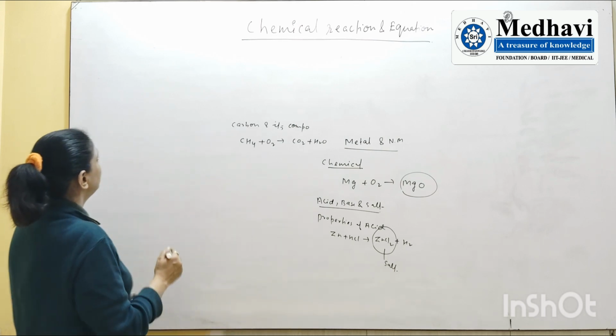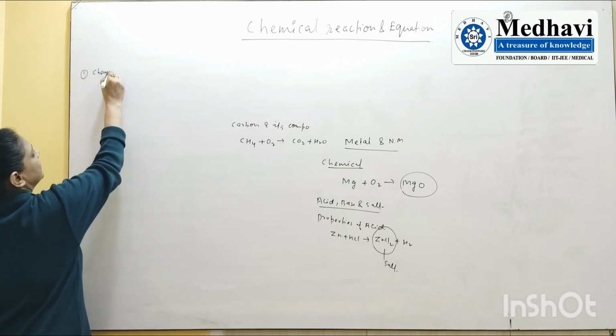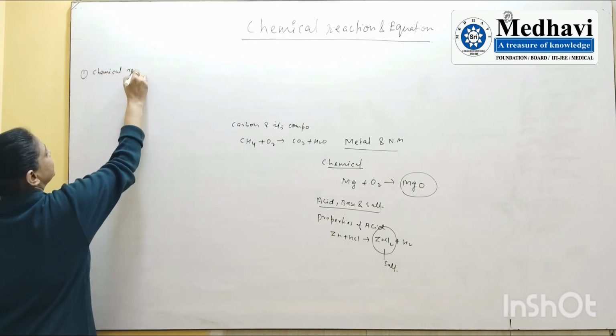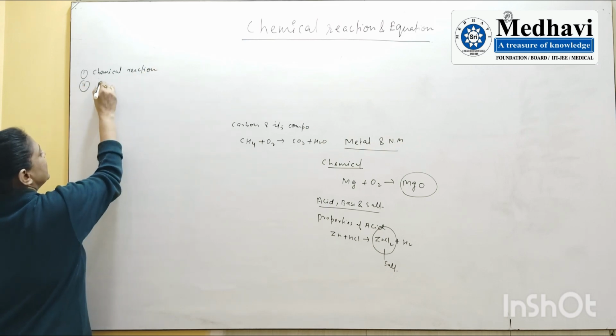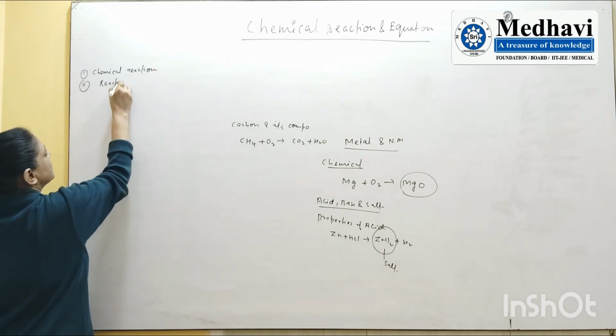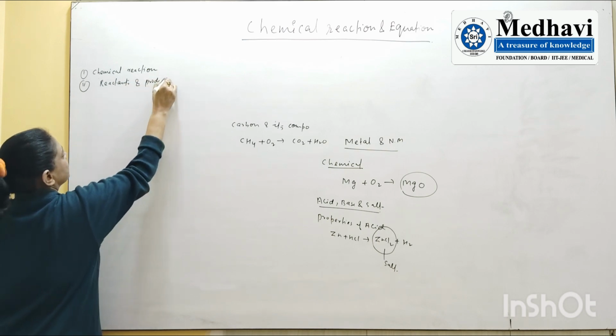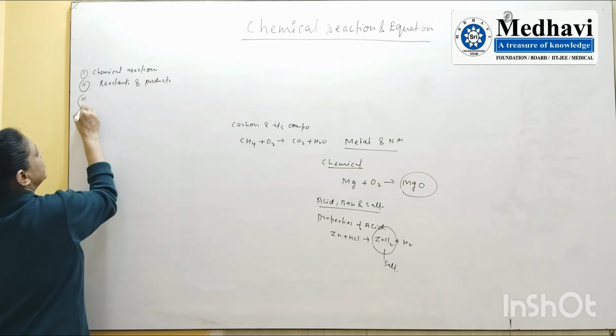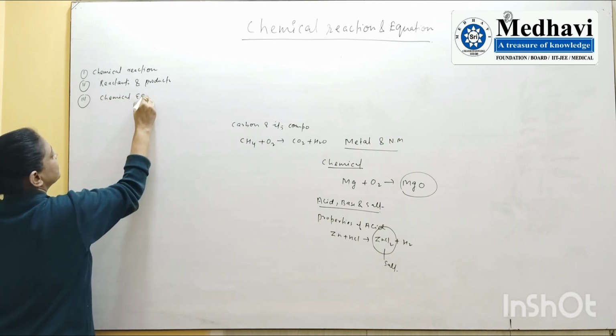In this chapter, first I will explain what is chemical reaction. Second thing, what is reactant and products. Next, chemical equation.